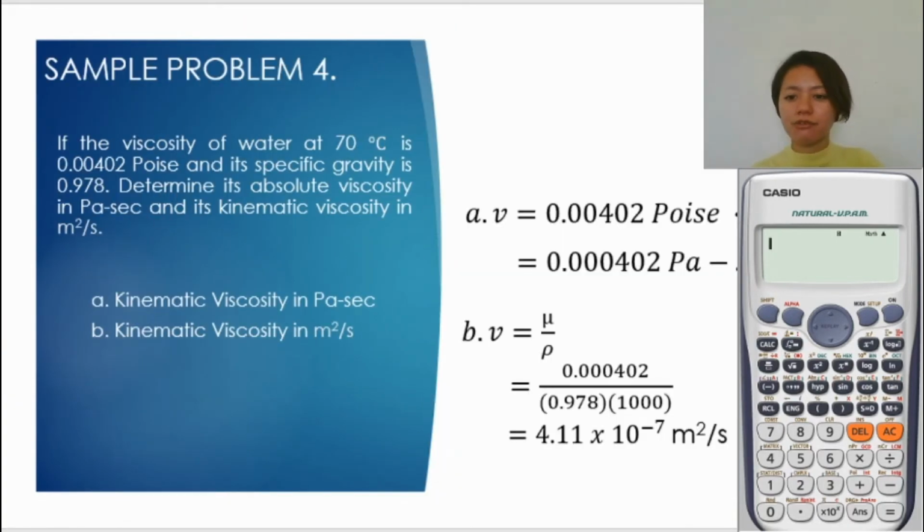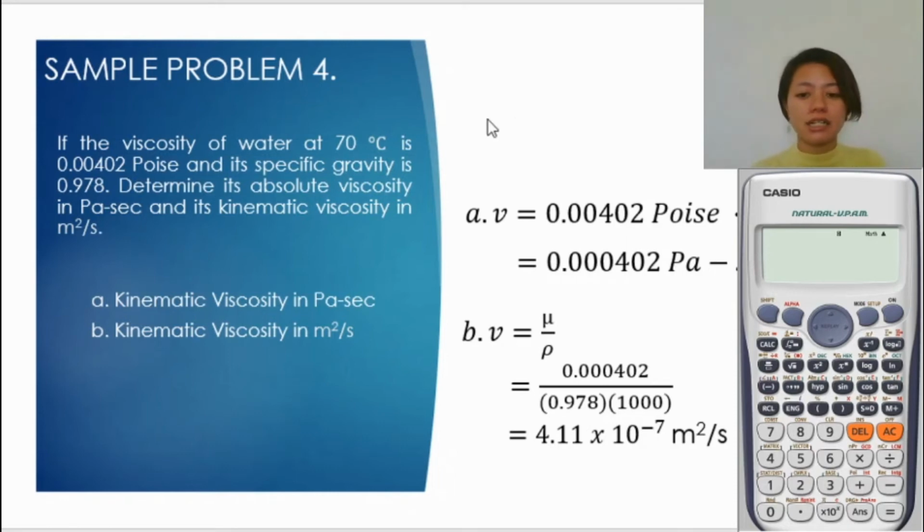So, another sample problem. Sample problem number 4. If the viscosity of water at 70 degrees Celsius is 0.00402 poise and its specific gravity is 0.978, determine its absolute viscosity in Pascal seconds and its kinematic viscosity in meters squared per second.